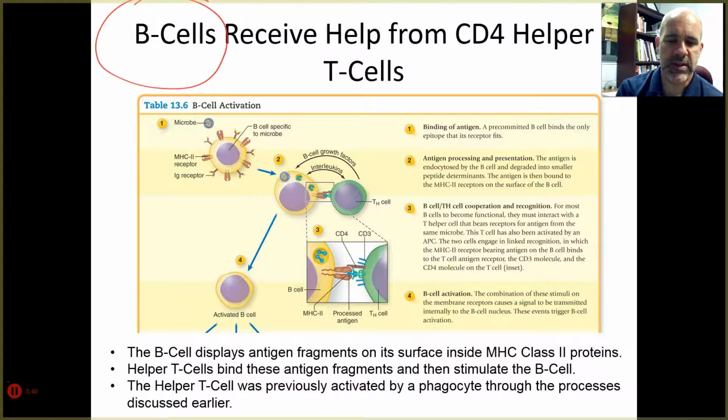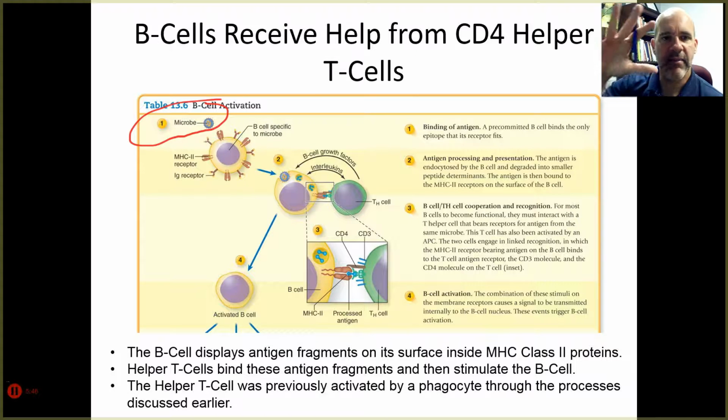So let's take a look at what's going on here in this diagram. As you guys can see, we've got a microbe here, looks like kind of a generic virus, and that's draining into a lymph node, or maybe it's entered into a tonsil, or if that's a virus in the bloodstream, maybe it is encountering B cells inside the spleen somewhere, or this could be down in the intestinal tract, and this B cell is in a little patch of the gut-associated lymphoid tissue.